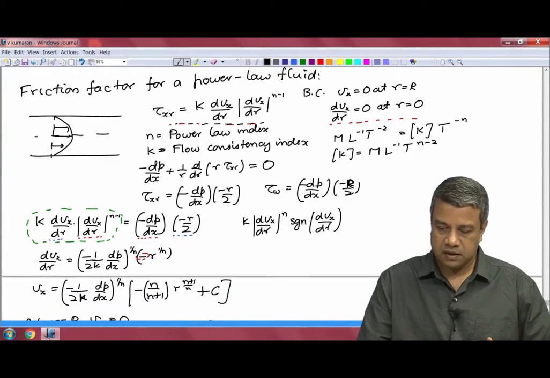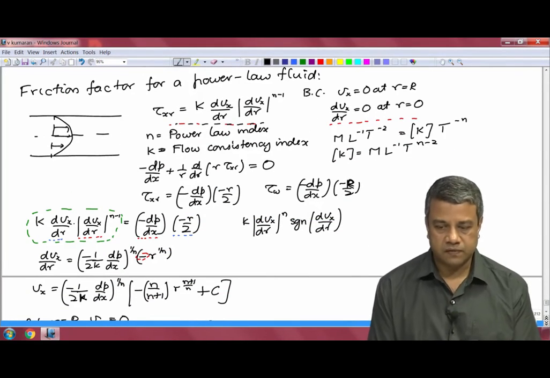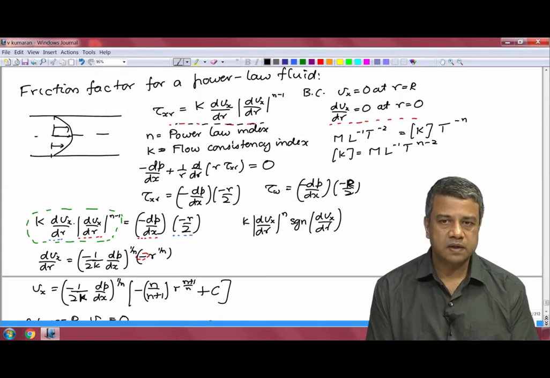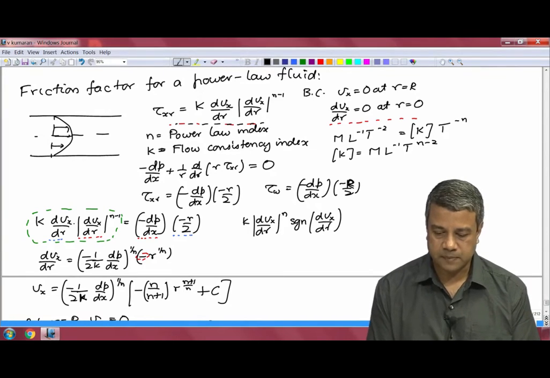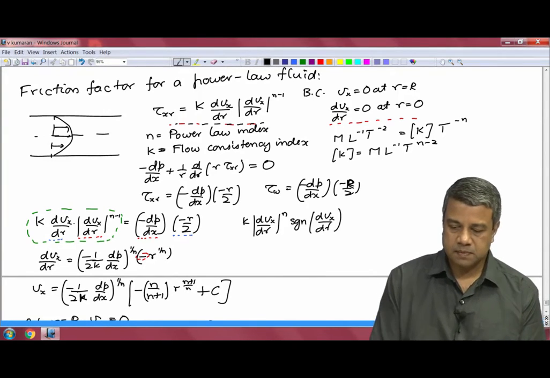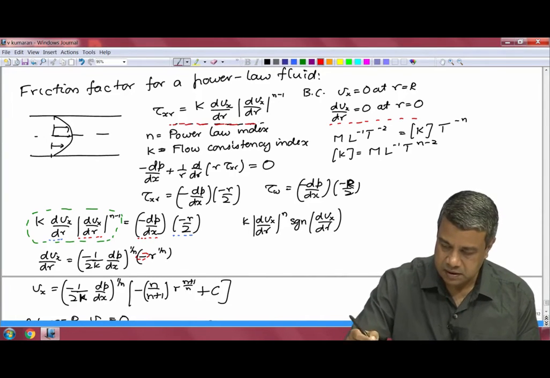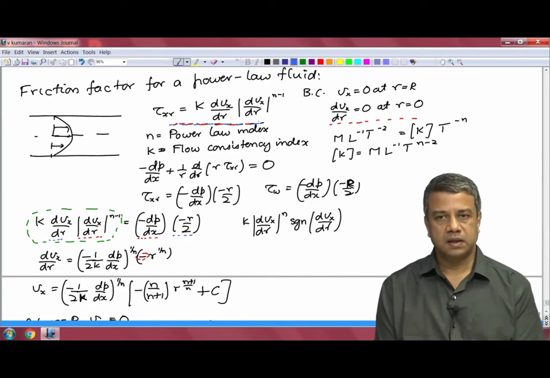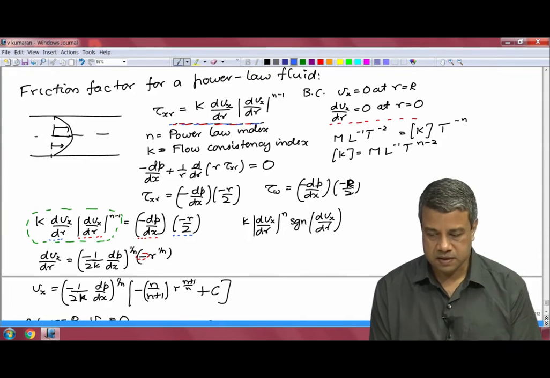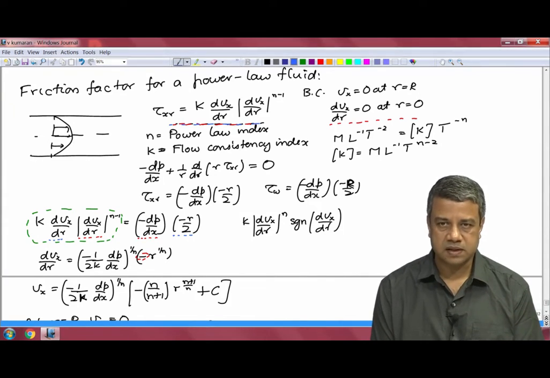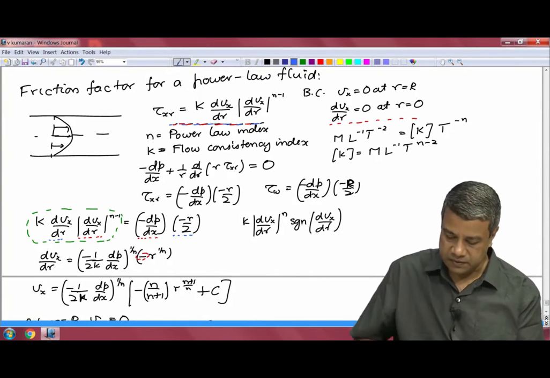And then we had got the friction factor for a power law fluid. A power law fluid is one where the relationship between the stress and the strain rate is not linear. But this was a well defined relationship between the stress and the strain rate, and based upon that we could calculate the velocity profile.